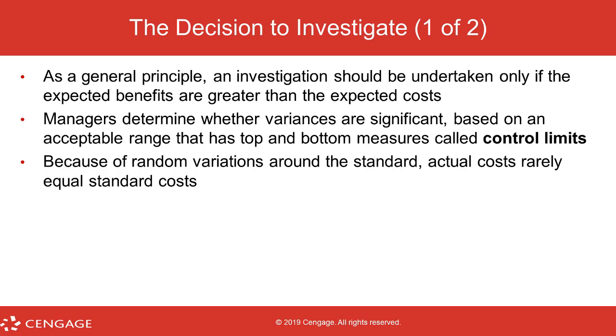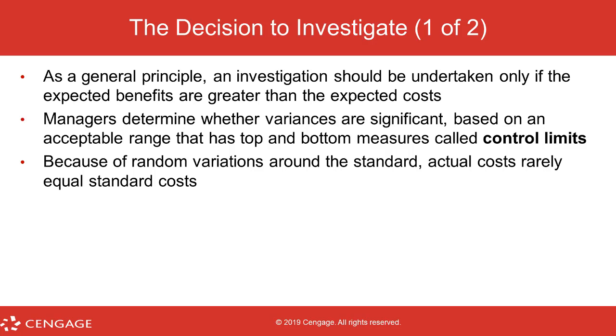So if a variance is favorable or unfavorable, we're going to want to know why that is. As with any investigation, we have to determine if the time and cost to investigate the variance will be less than what will be achieved by knowing the results of the investigation.